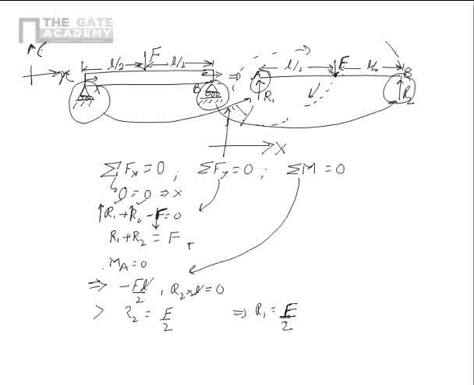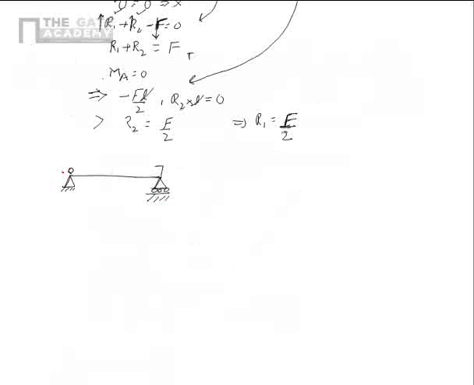What we do instead is take one end as a pin, this is the pin support, and one end as a roller. Now in this case, there will obviously be one more reaction, H, here. This is R1 and this is R2 under the same applied force F, and we will say H is equal to 0. That will also ensure that the beam doesn't move in this direction.